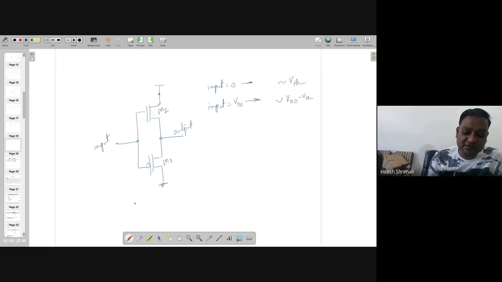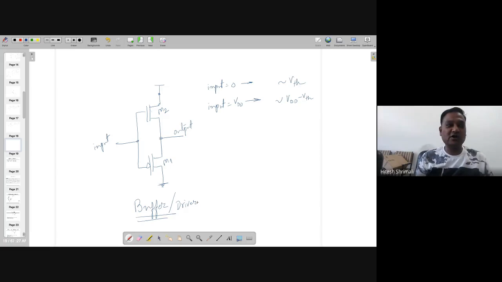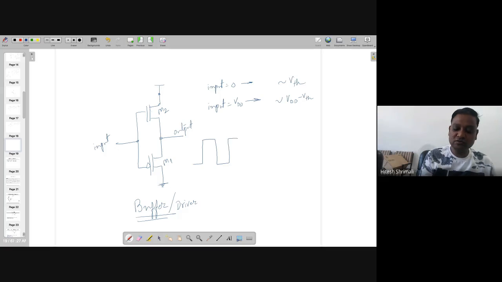So although this is a buffer circuit, or you can also call it driver circuit, its output is not from rail to rail. It's not full swing, it's going from something called VTH to VDD minus VTH.